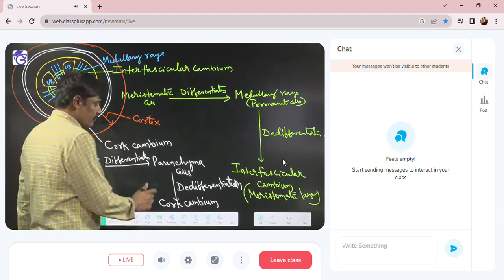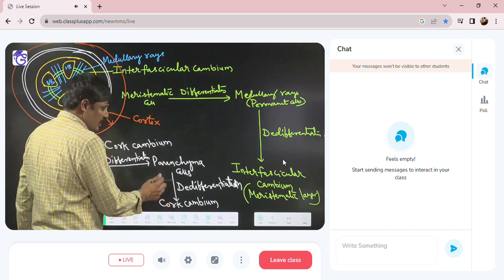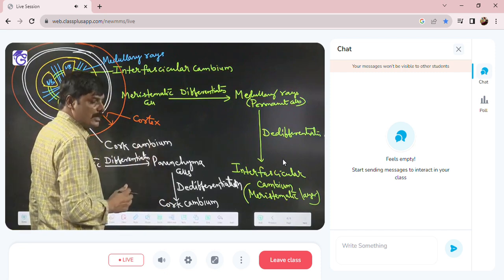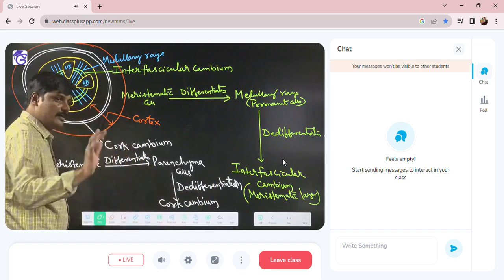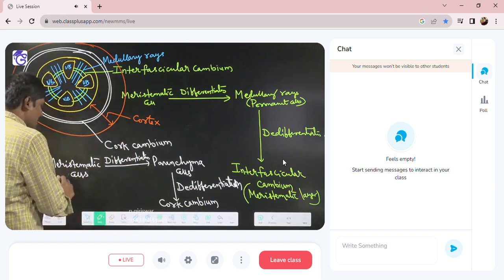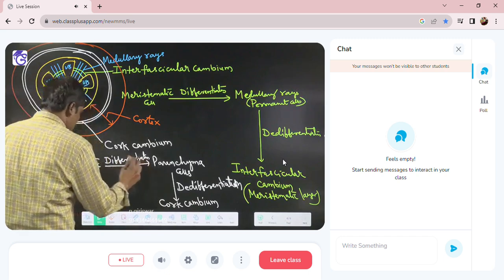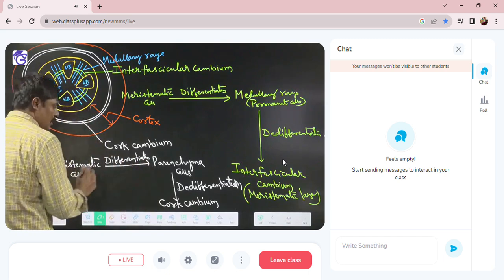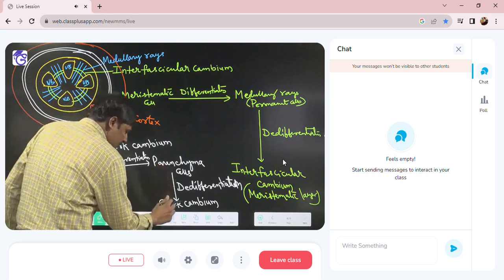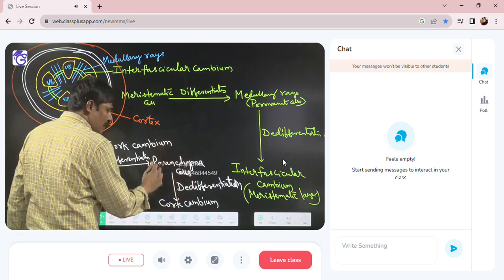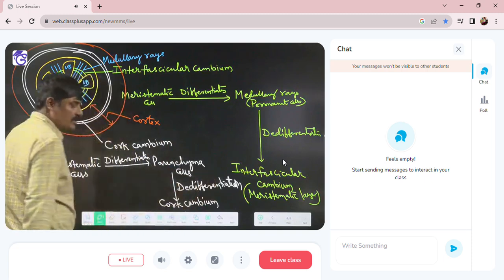Formation of a meristematic cell from a permanent cell is called de-differentiation. You can say like that. Formation of a permanent cell from meristematic cell is differentiation. Formation of a meristematic cell from permanent cell is de-differentiation.